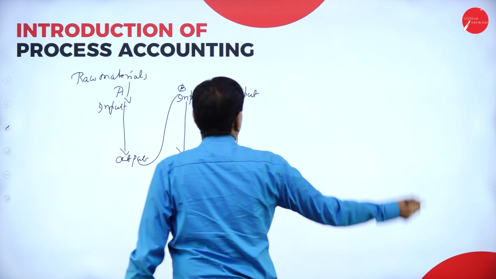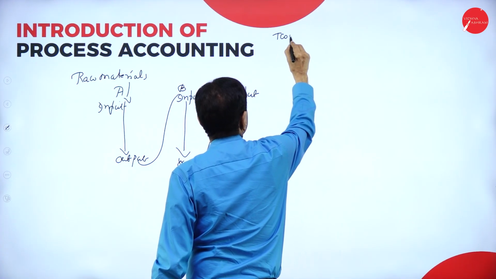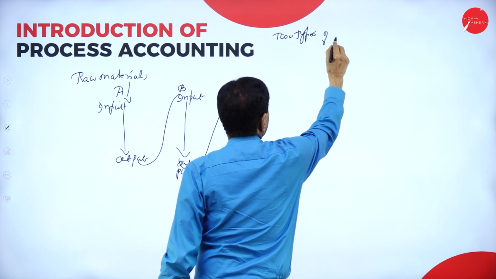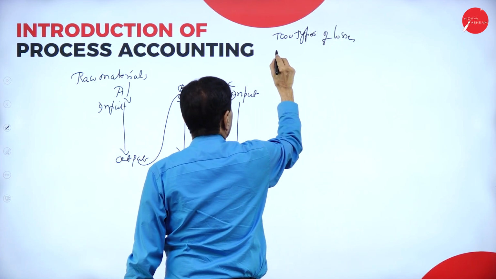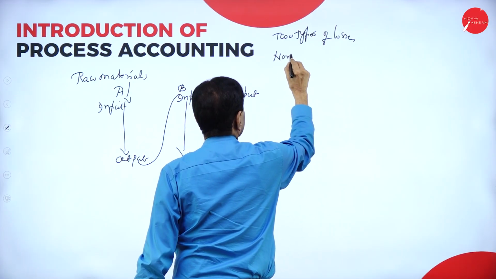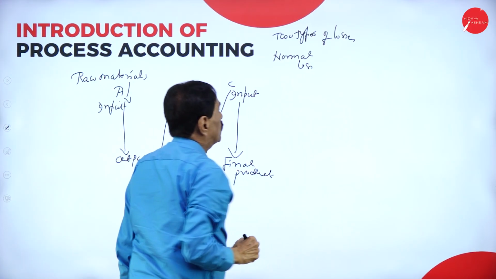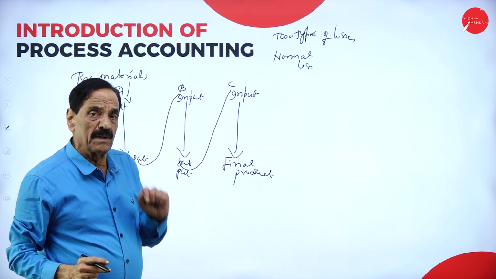Then, there are two types of losses. One is called normal loss, another is called abnormal loss.